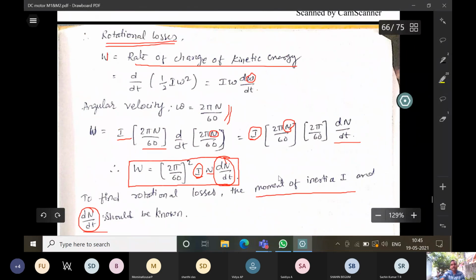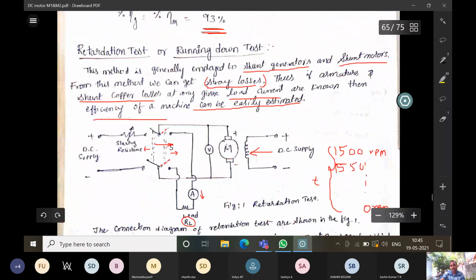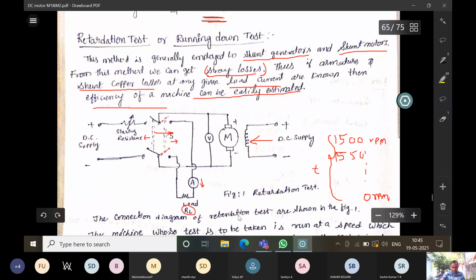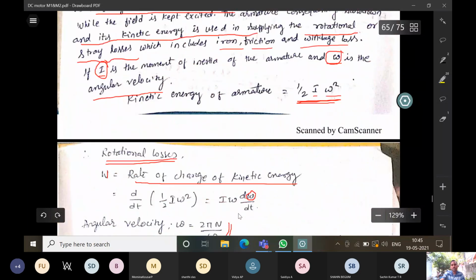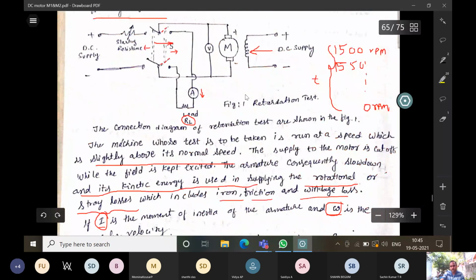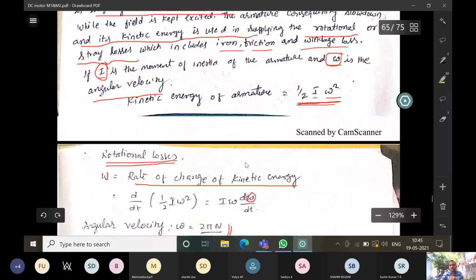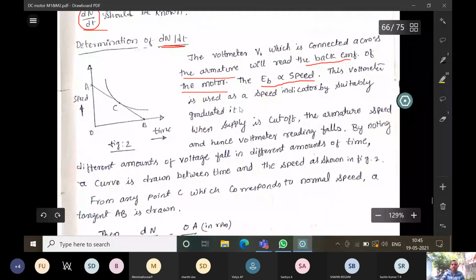While speed is reducing, the voltage across the motor is also reducing. Therefore the voltmeter is used as a speed indicator by suitably graduating it.